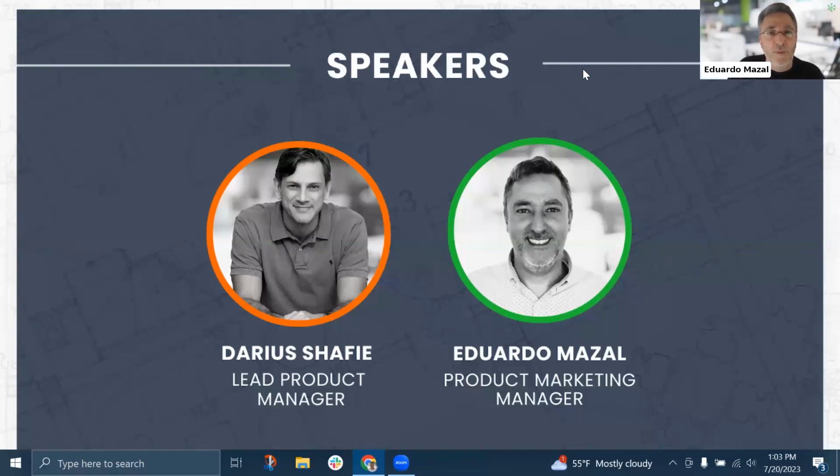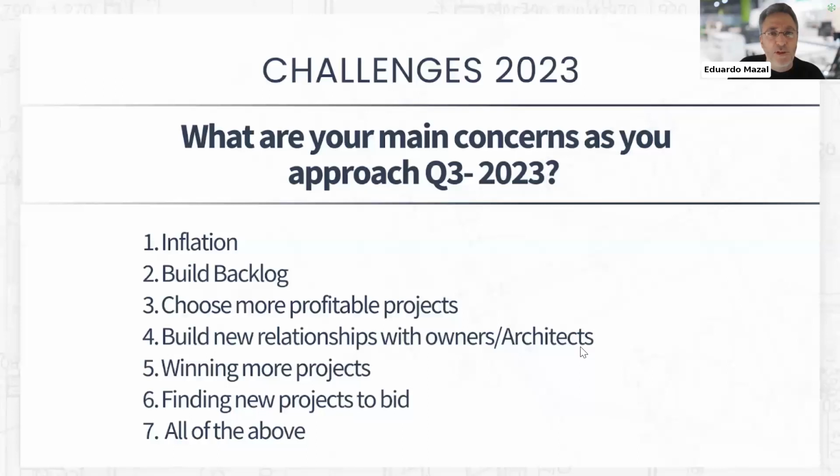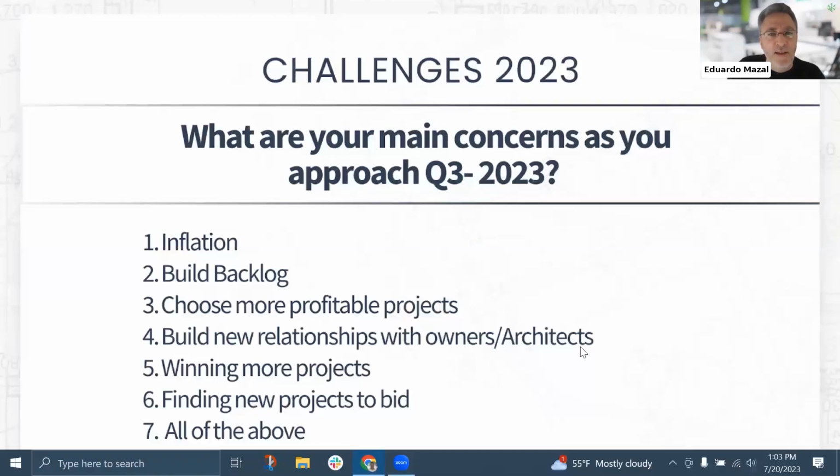All right, the question is, what are your main concerns as you approach Q3 2023? The options are inflation, build backlog, choose more profitable projects, build new relationships with owners and architects, winning more projects, and finding new projects to bid.